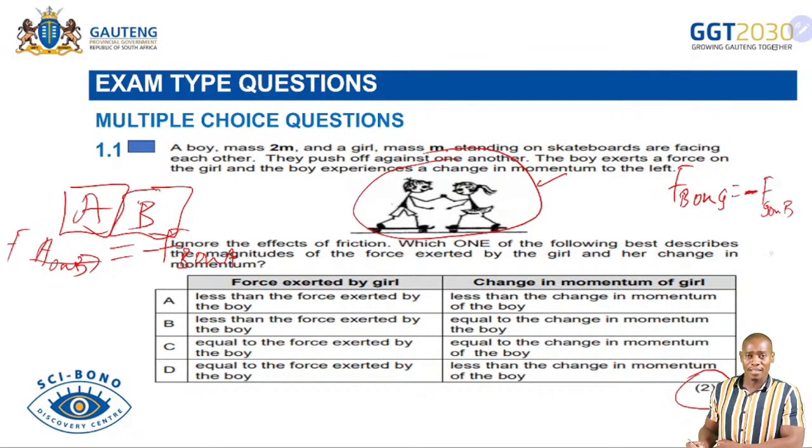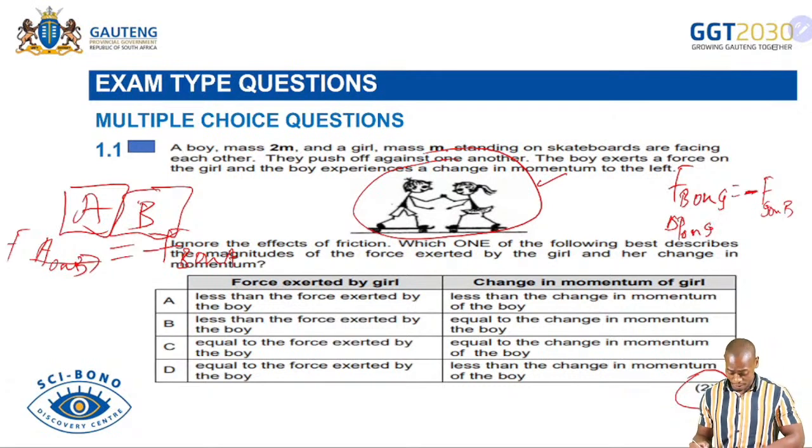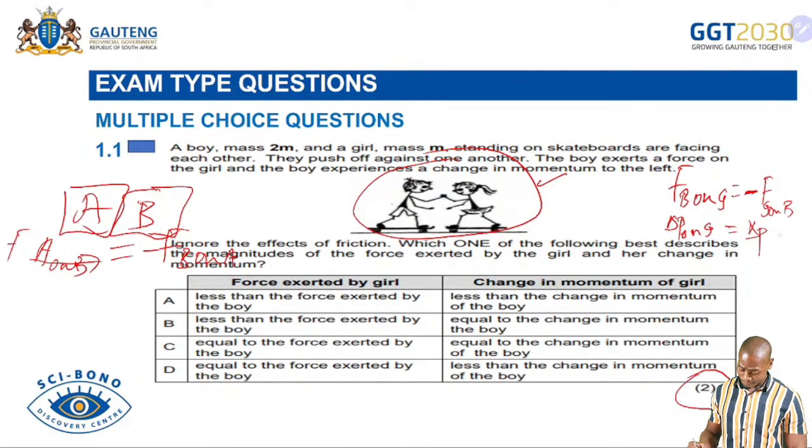Again, from Newton's third law, the issue of forces. Since the force exerted by the boy on the girl is equal to the force exerted by the girl on the boy, even the change in momentum on the girl, which is exerted by the boy, will be equal to the change in momentum the girl exerts on the boy, but acting in opposite directions.